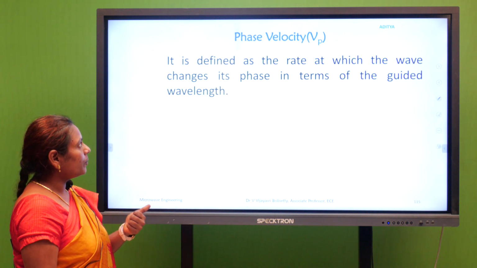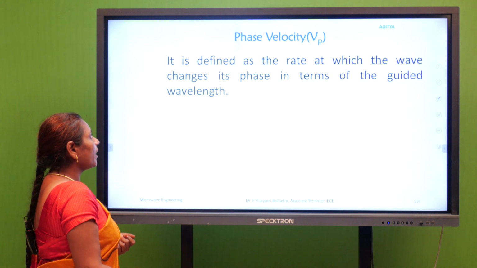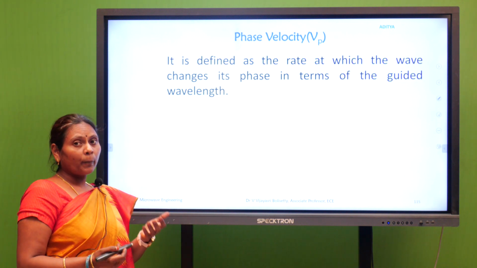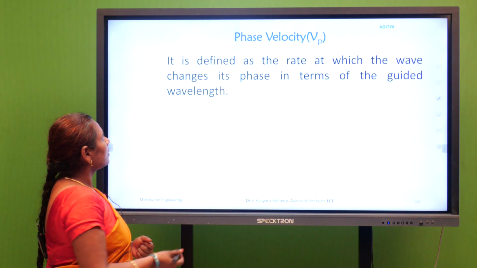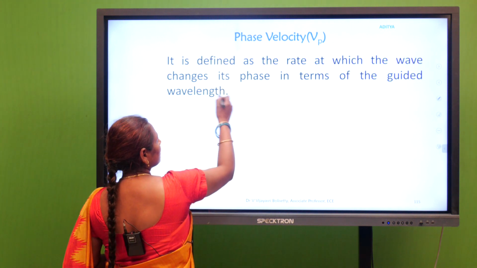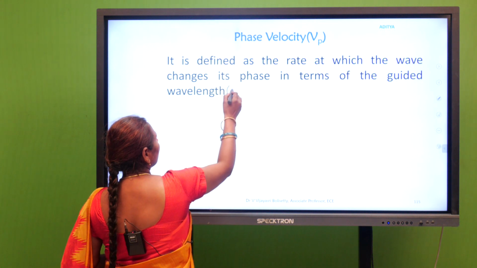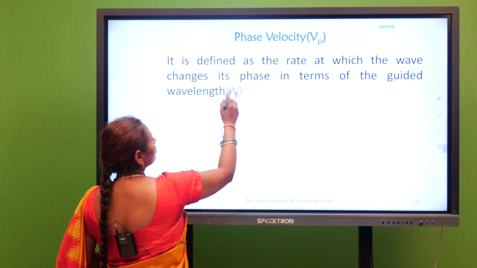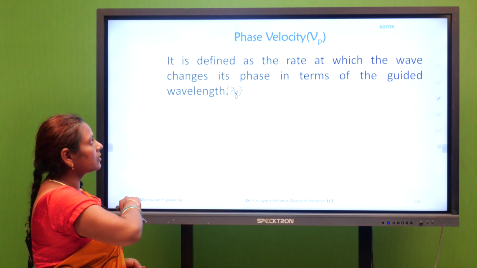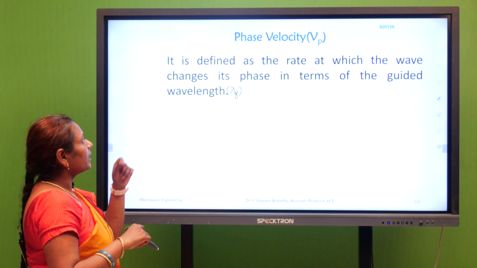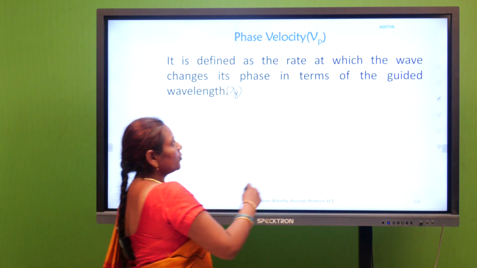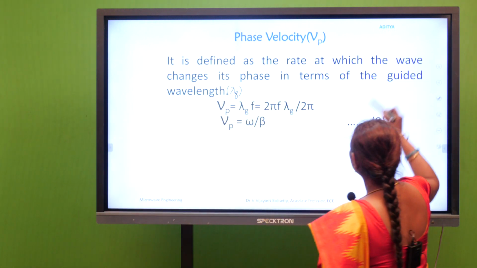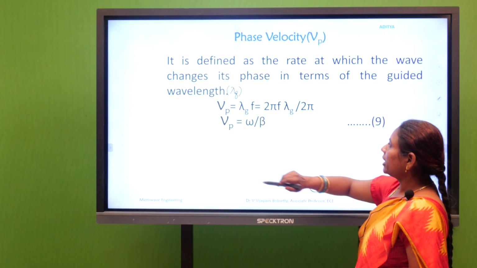We can define Vp as the product of lambda g and f. So what is Vp? Vp is equal to lambda g into f.